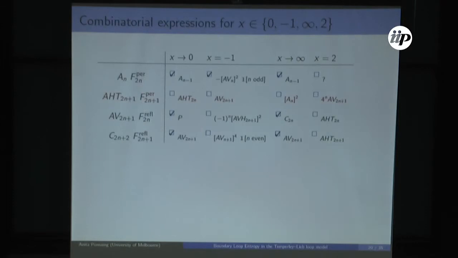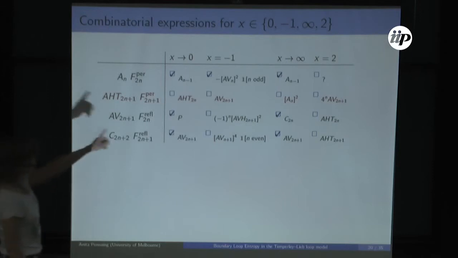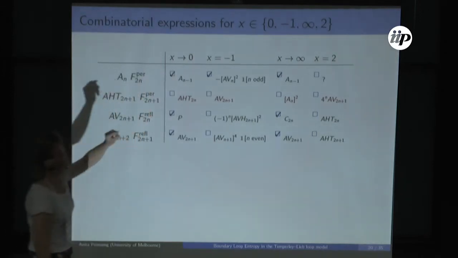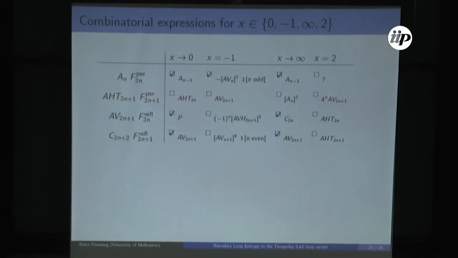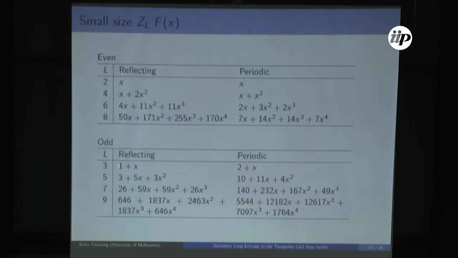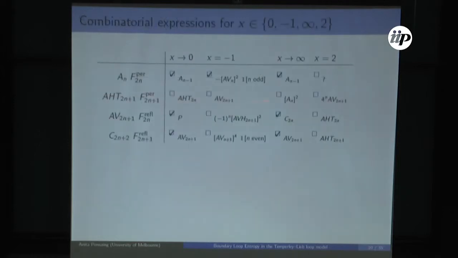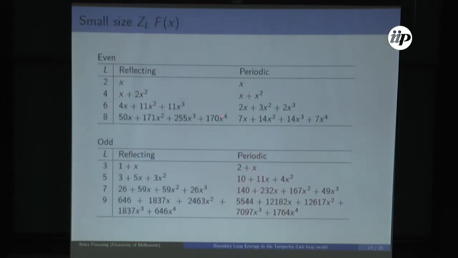So when I've got this arrow here, what I mean is that you divide by an appropriate power of x and then take the limit as x goes to 0 or infinity. This should actually be plus or minus infinity. It's the same in both cases. If you take x to 0, you just get the first coefficient. If you take x to infinity, you get the last.